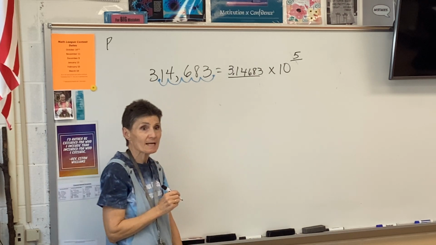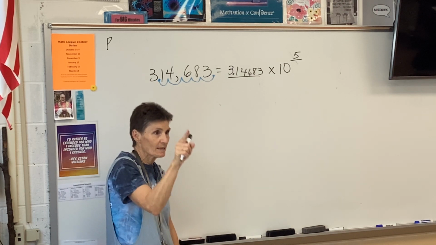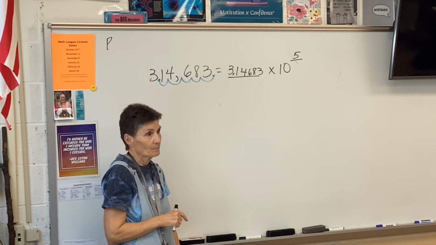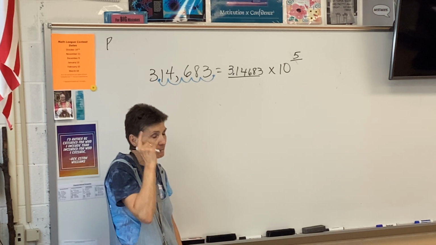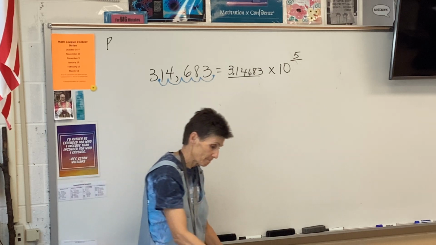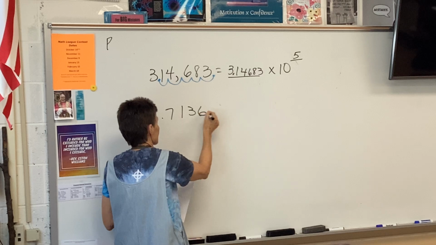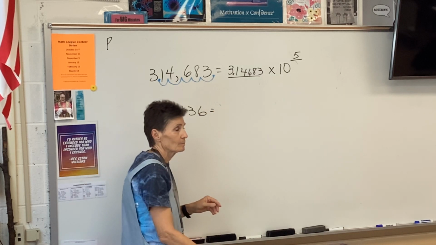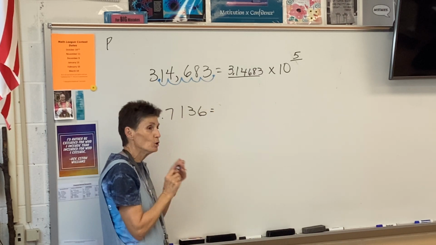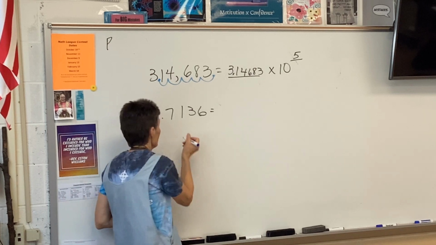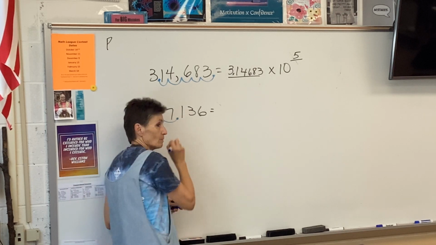Why is it times 10 to the 5th? Because that's how many times I move the decimal point. Is it starting to come back to you now? So 0.7136. Step 1, move the decimal point. And this time it would have to move right here, right?